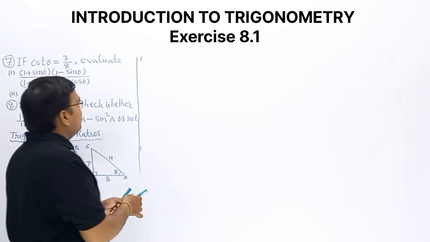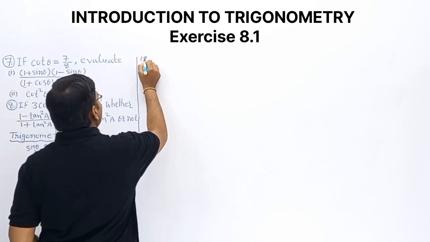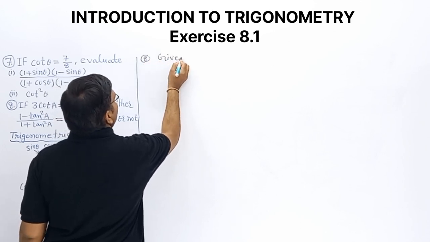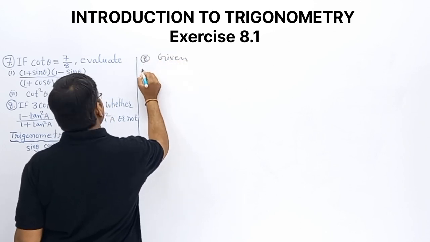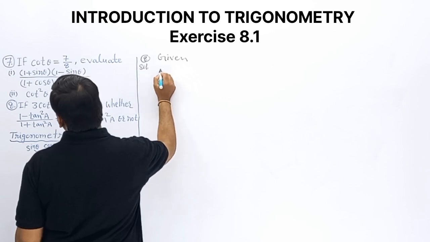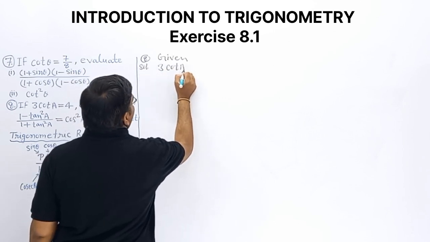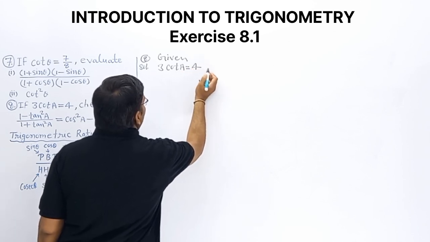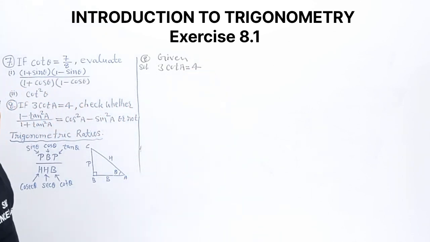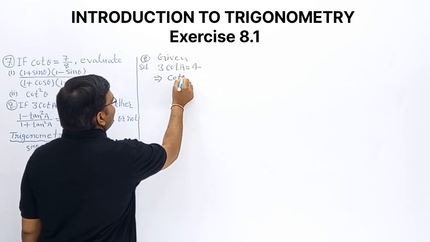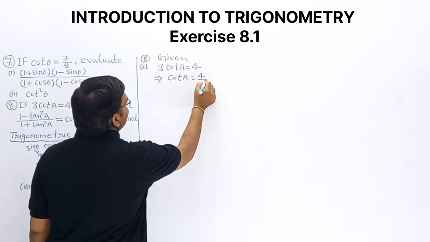So what is given? Question number 8, given: 3 cot A equal to 4. So this can be written as cot A equal to 4 upon 3.